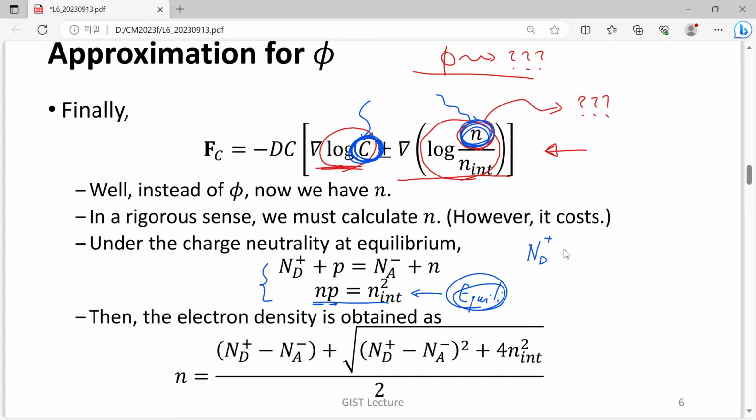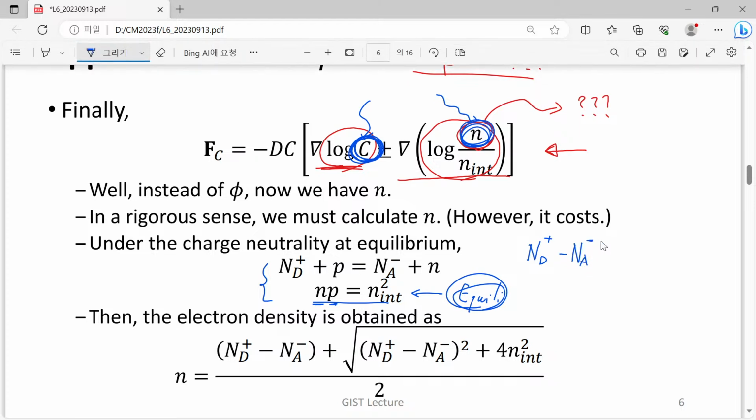N_D plus minus N_A minus plus p equal to n. Easy. And by using our second equation, we can write n_i squared divided by n as our p. And eventually, when we multiply by n on the left-hand side and right-hand side, then we will find that n squared, and here we have n.